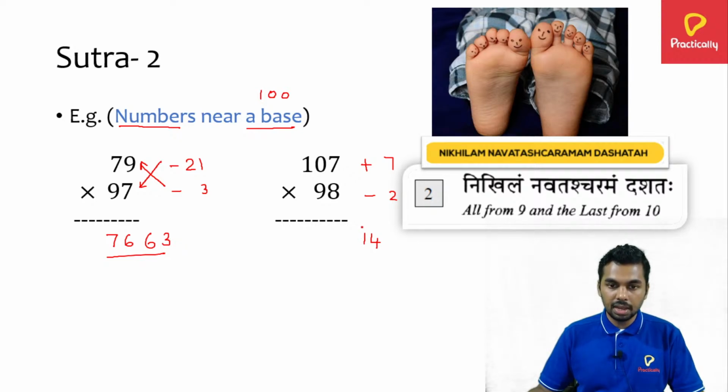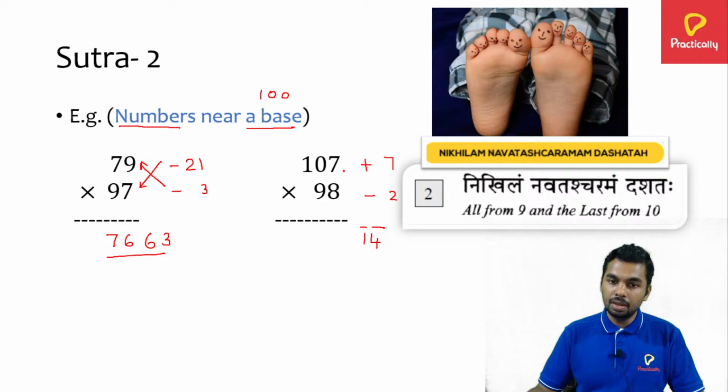Whenever there is a negative sign, you can put a bar on top of the number. The actual answer is minus 14, but in the Vedic method we use this bar notation to write negative numbers. So minus 14 is written as 1 bar 4 bar.